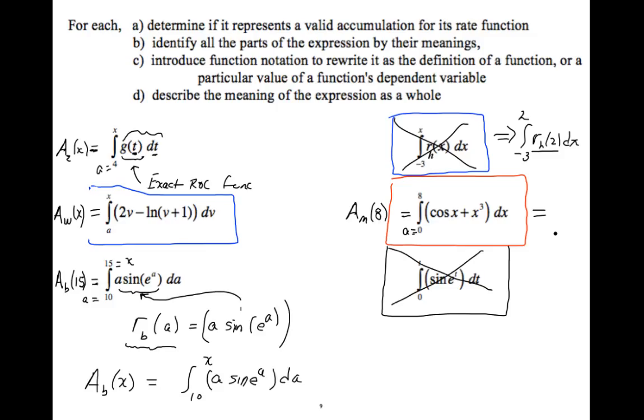What you get is the total amount accumulated from 0 to 8. Is that an expression or a number? It's a value. It's a number. It's the amount of accumulation you get starting at 0, ending at 8, if you accumulate at this exact rate from 0 to 8. It's a particular value of the function.